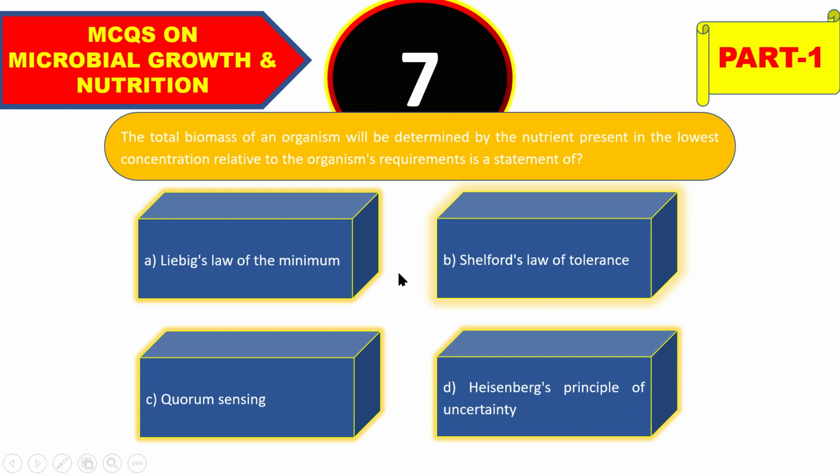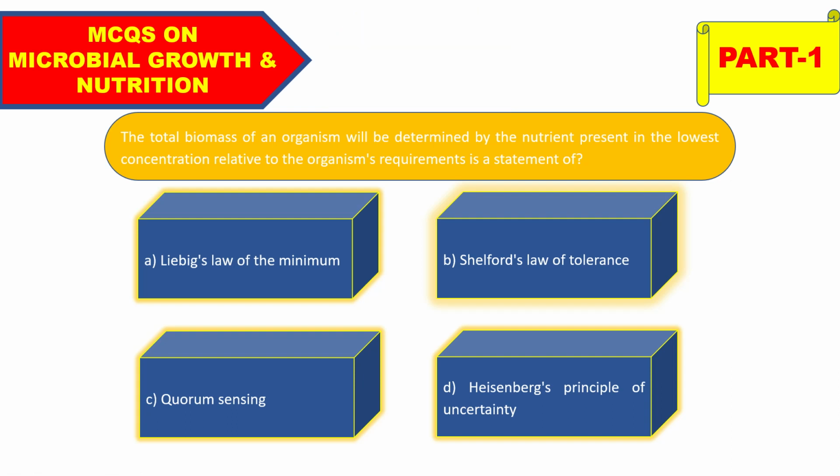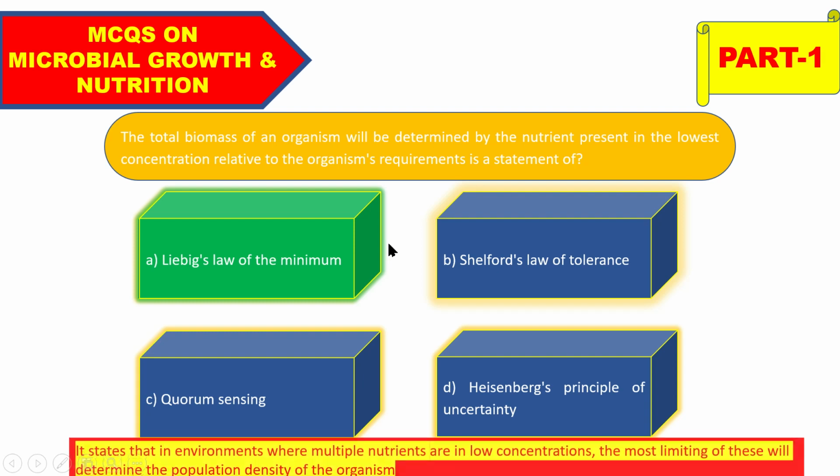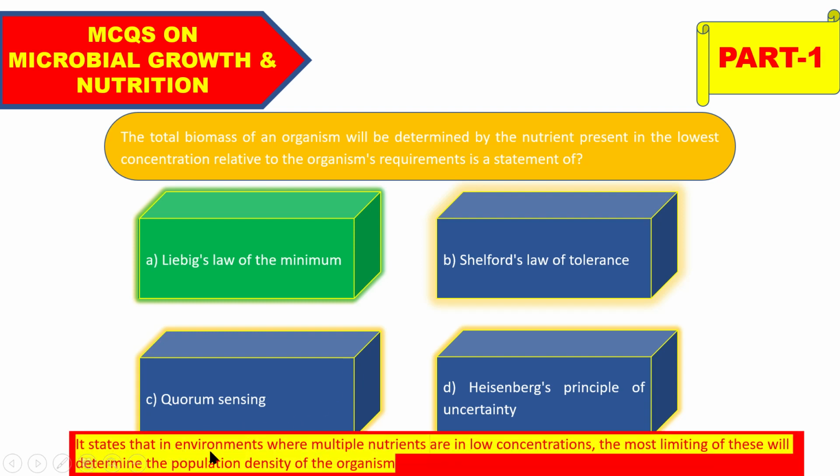And the right answer about this statement is Liebig's law of minimum, and it stated that in environments where multiple nutrients are in low concentrations, the most limiting of these will determine the population density of the organism. So this is Liebig's law of minimum.